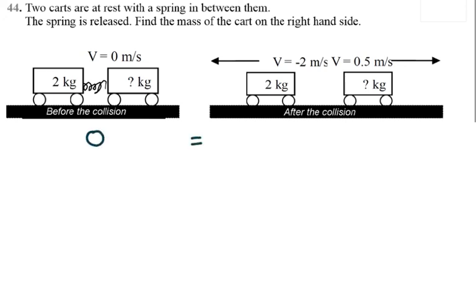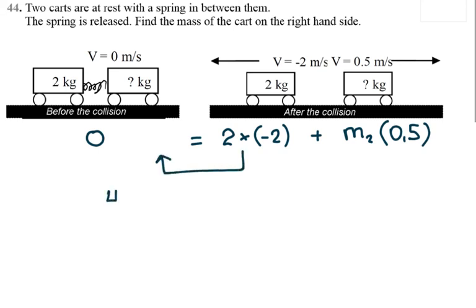And for the momentum after, I have mass 2 kilograms moving at the velocity of -2, and this mass, which is not given, moving at the velocity of 0.5. So if I move this term to the other side, I'm going to have 4 is equal to 0.5 m2. And if I divide by 0.5 both sides, then m2 is equal to 8 kilograms.